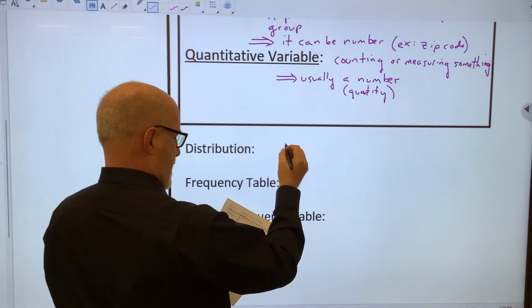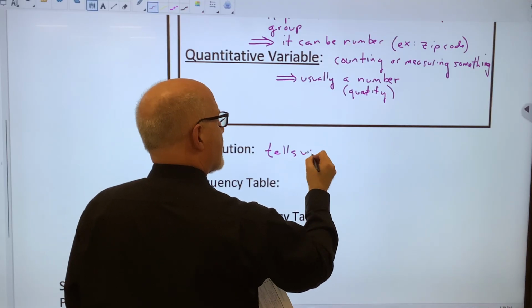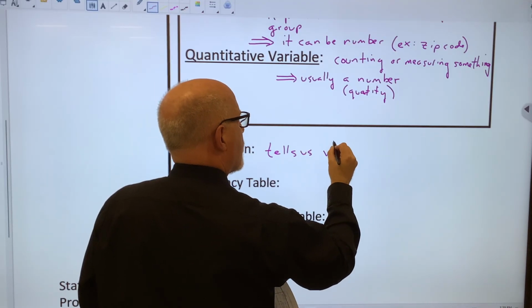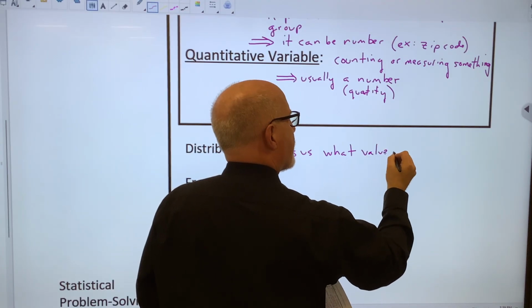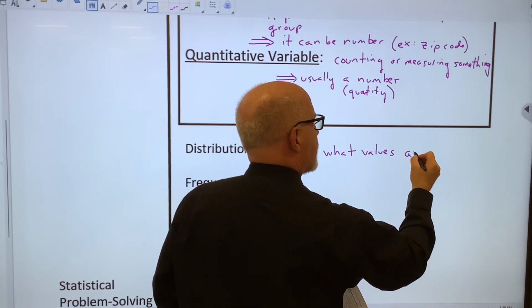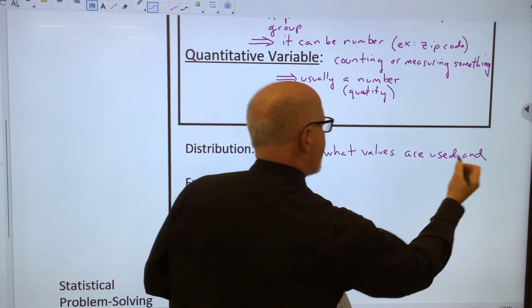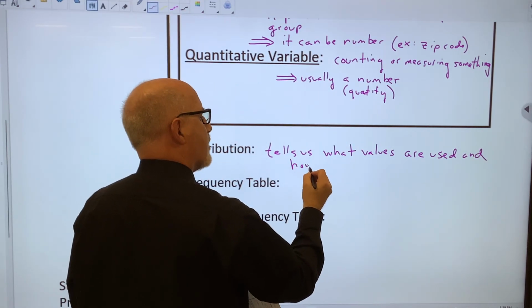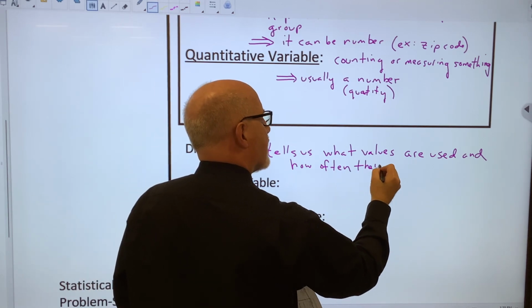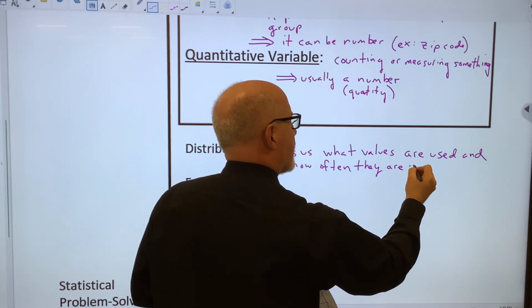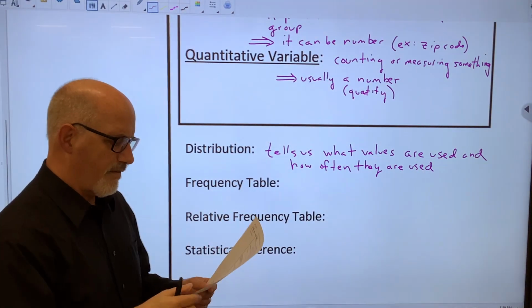Okay, so what values are used and how often they are used. So that would be the distribution of that variable.